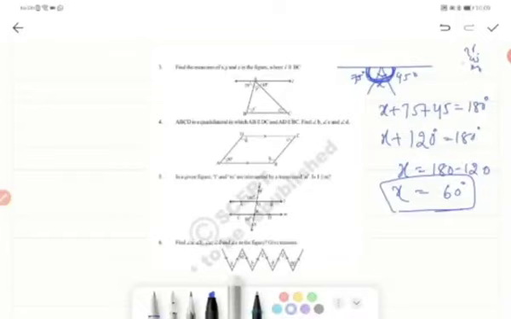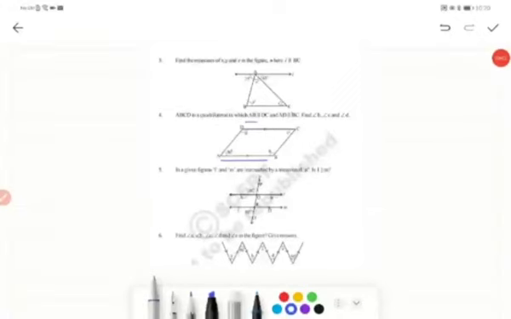Now in the fourth question, this is a quadrilateral in which AB is parallel to DC, and AD is parallel to BC. When you extend these lines, you find AD parallel to BC and DC parallel to AB.